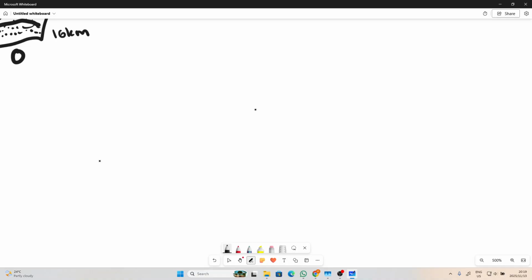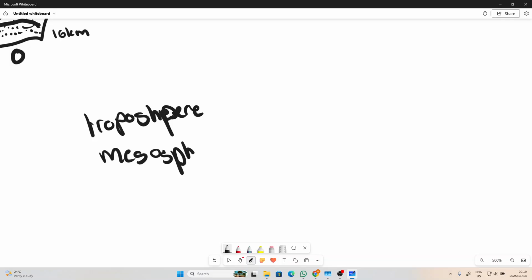Right. Structure of the atmosphere. Oh, sorry, I did this in the wrong order. Let me start again. Right. Troposphere, stratosphere, mesosphere and the thermosphere.